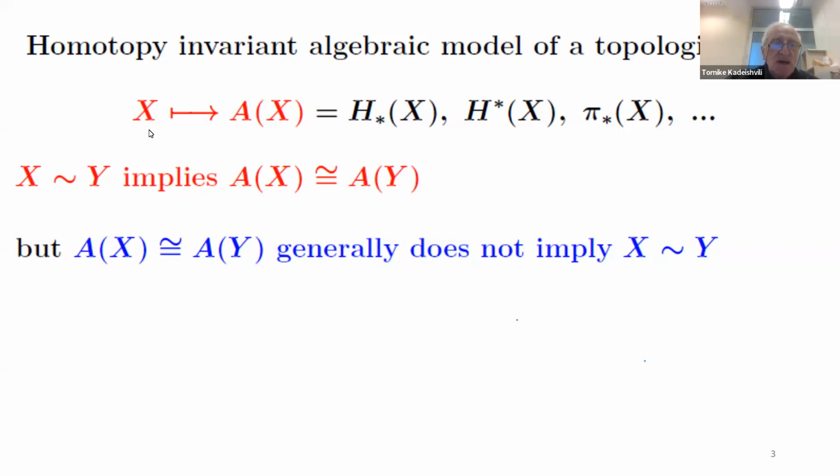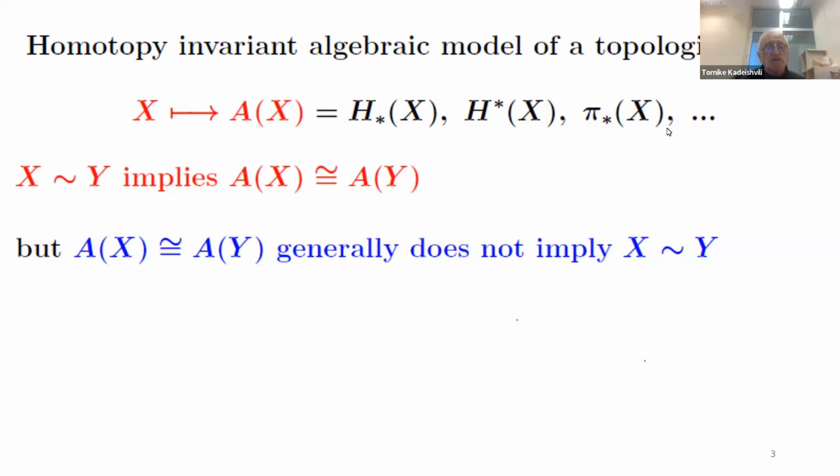Algebraic topology assigns to a topological space X, which is a complicated geometric topological object with holes, caves, many things, its model. The model is normally an algebraic model: a homology group, cohomology group, homotopy group, and so on.